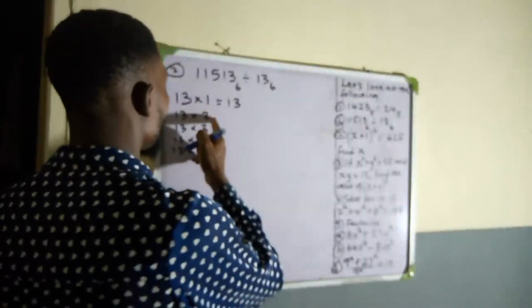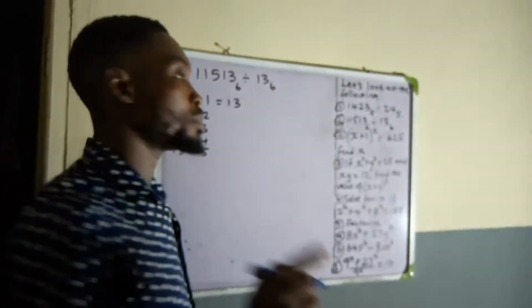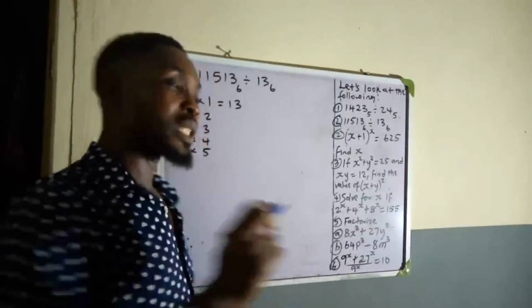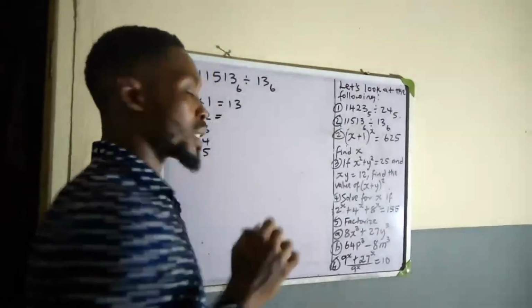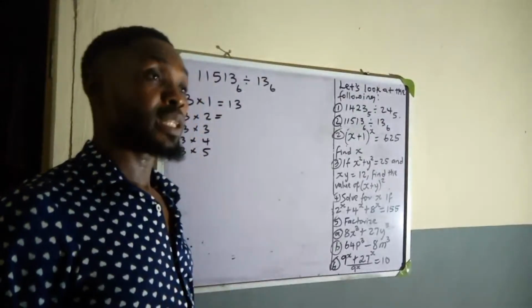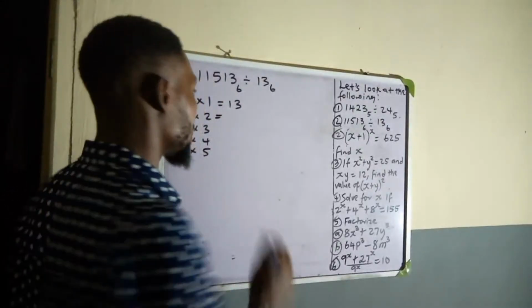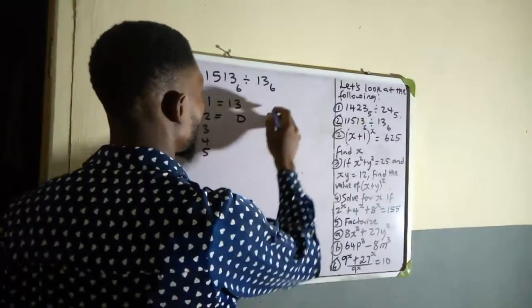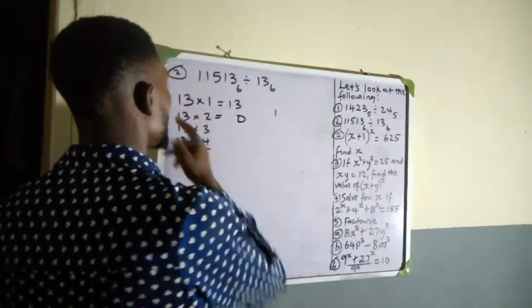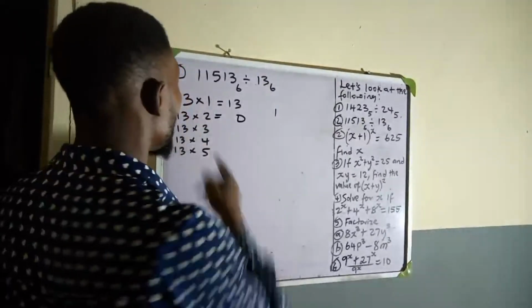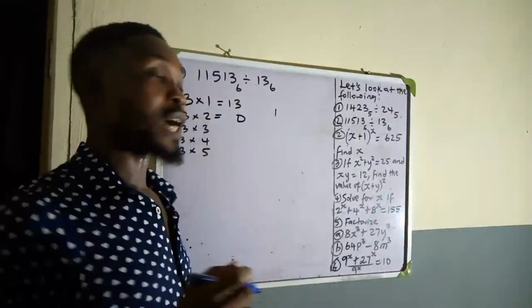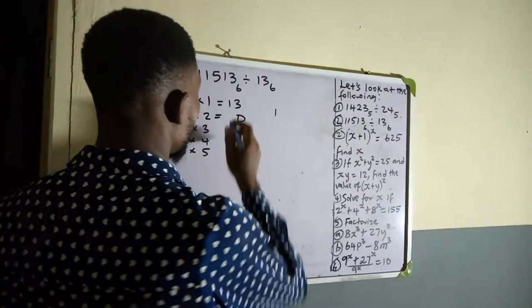13 times 2: 3 times 2 is 6. 6 in base 6 is 10. How? Divide 6 by 6, you have 1 remainder 0. So 10, you write 0, carry 1. 1 times 2 is 2, plus 1 is 3.